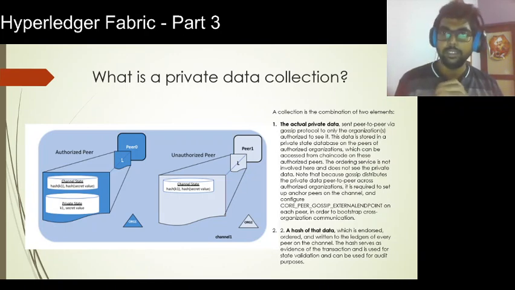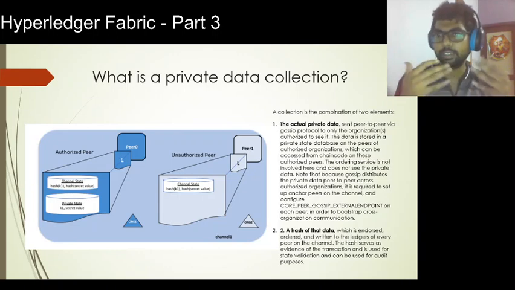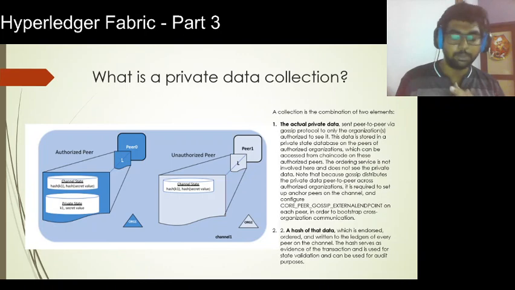It consists of two things: the hash of the data and the actual data. You can send the actual private data, or you can hash the private data. If you hash the private data, it goes to the ledger and has the evidence of the transaction. But if you are not sending the hash of the data, it doesn't have the evidence. You can go into more detail on it.